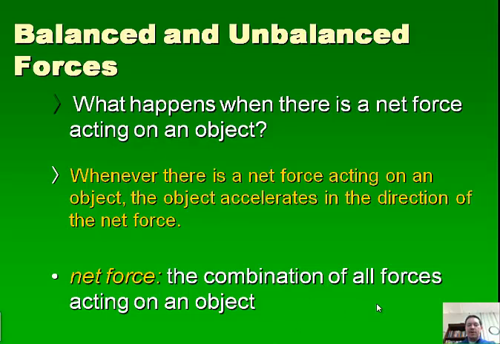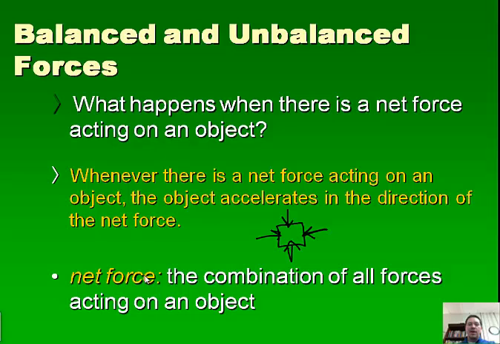So if we have an object, and we're pushing this way with a force, and pushing this way with a force, and then we've got the force of gravity, and the normal force of, say, the table or the surface it's sitting on, all these forces, if we were to apply numerical values to them, total up to the net force.